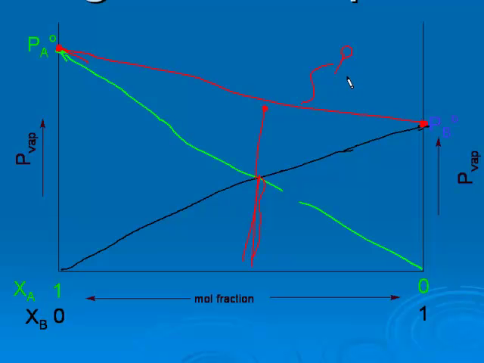This is the actual pressure of A and B, the solution together. So here's the partial pressure of B. This is the partial pressure of A. And the red line that connects pure A to pure B is the pressure of the entire solution.